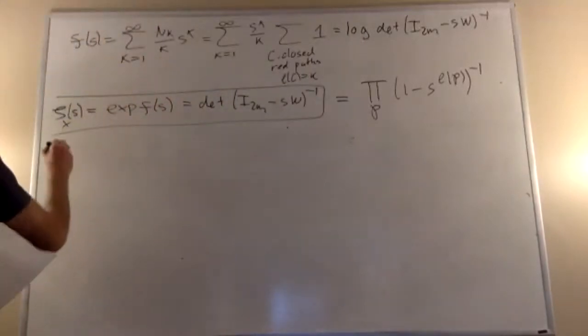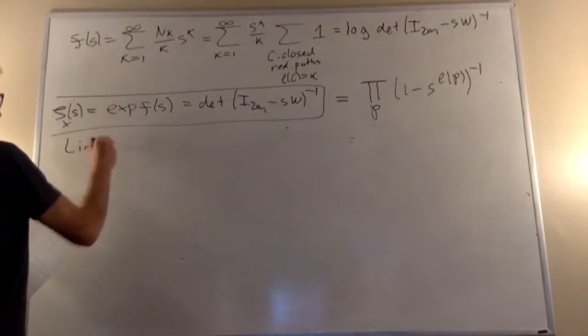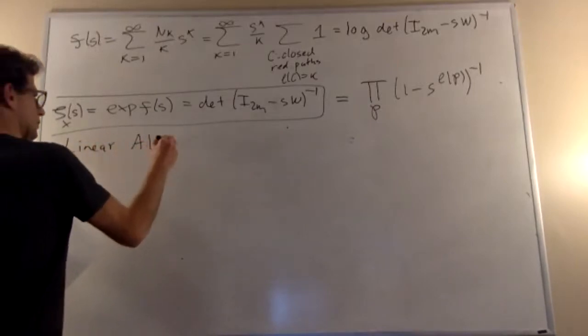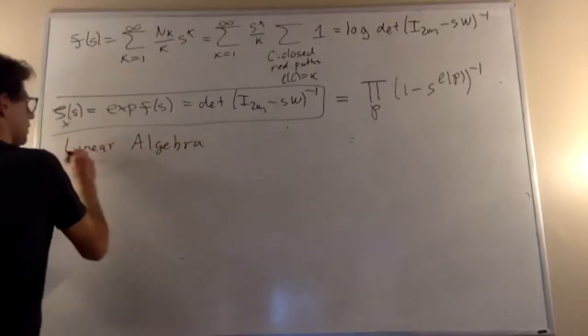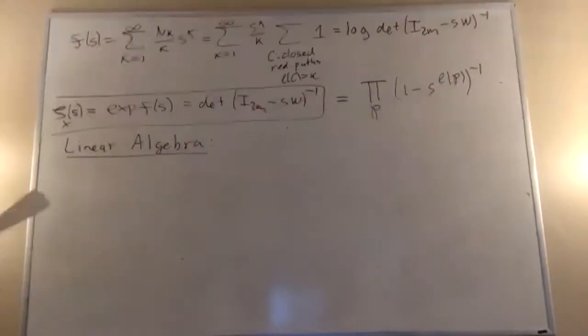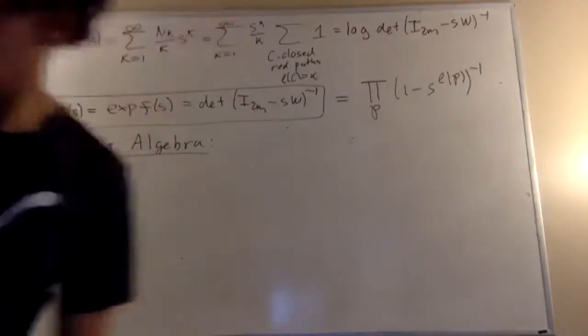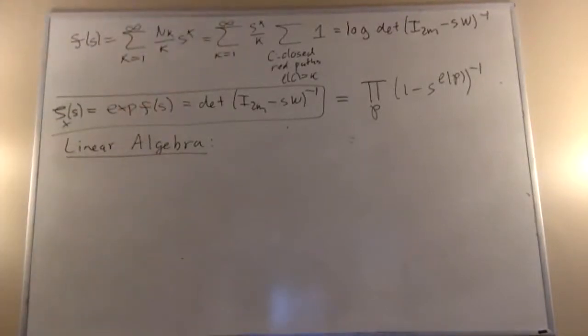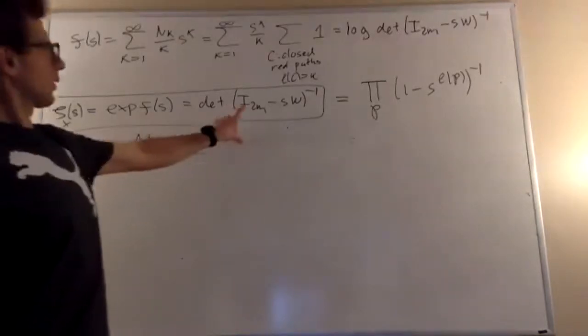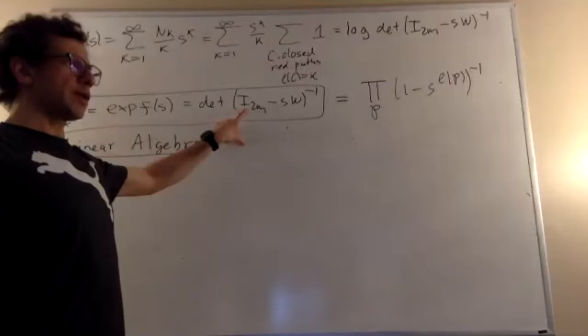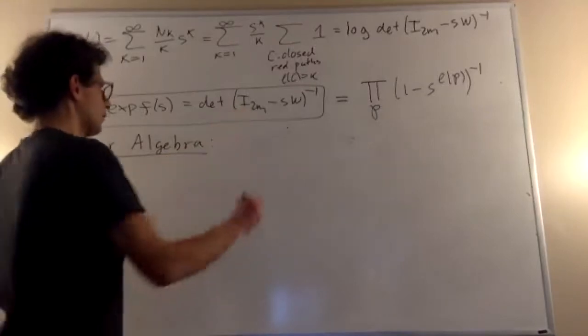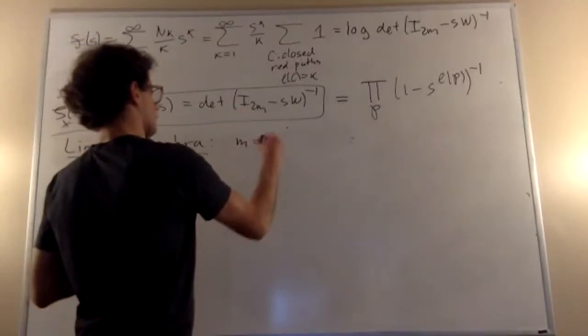And let me just say a little bit of linear algebra gives the following result. So we're going to introduce the following matrices. So this is a 2m by 2m matrix where m is the number of edges of the graph.